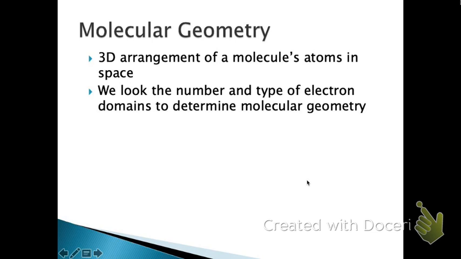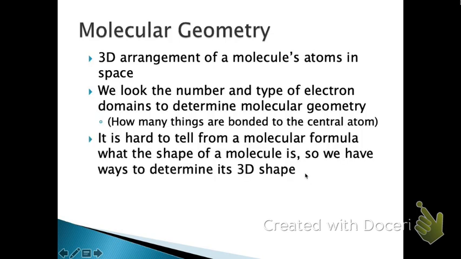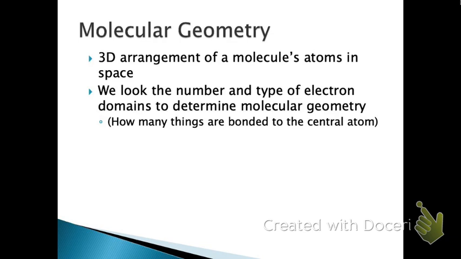My iPad's moving a little slow. All right, here we go. How many things surround the central atom? Because domains can contain either lone pairs or they can contain a bond. Okay, so when we talk about electron domains just being things that are bonded, that's really not true, right?